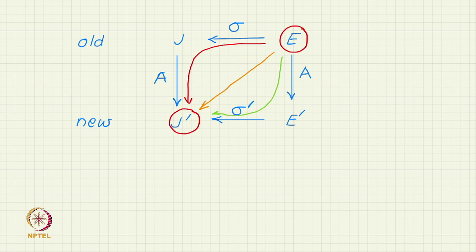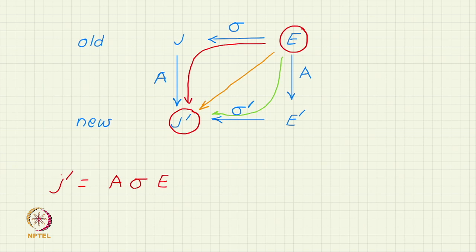And since the start point and the destination are the same, the two routes should finally give me the same result. So, let us see how this is done. If we take the red route, we first multiply E by the matrix sigma to get j, and then I multiply j by the matrix A to get j prime.